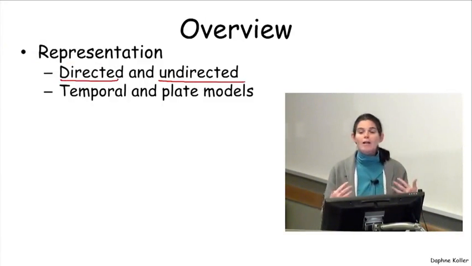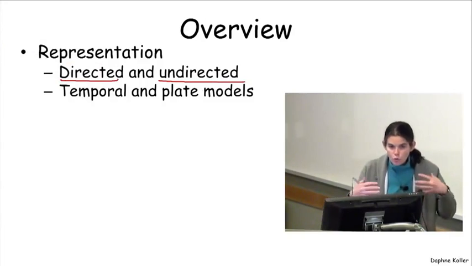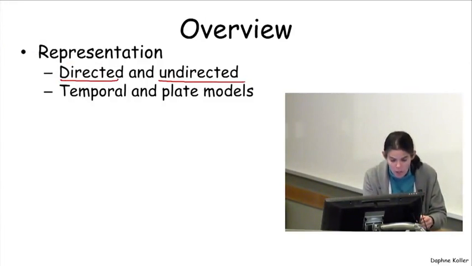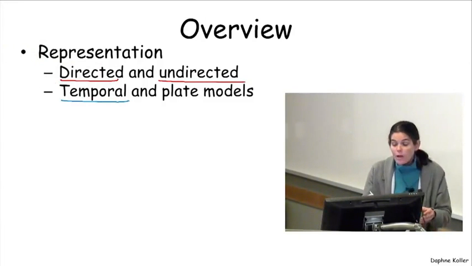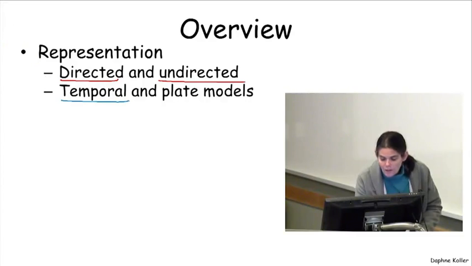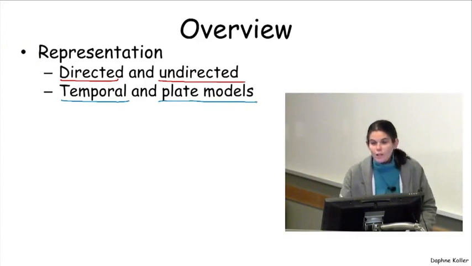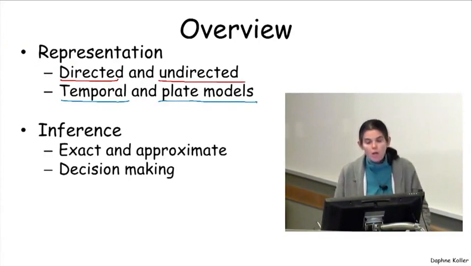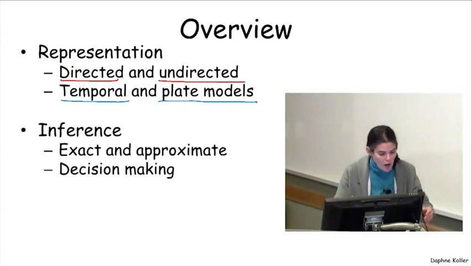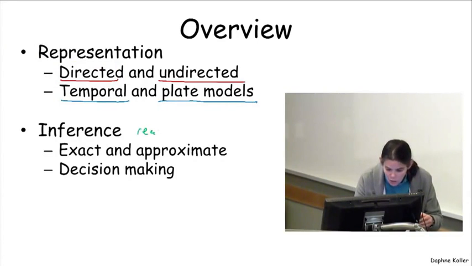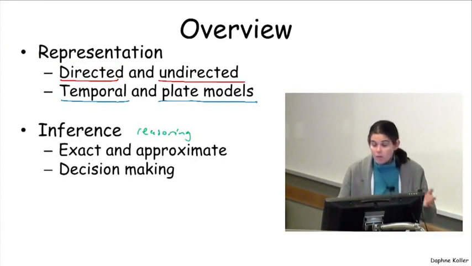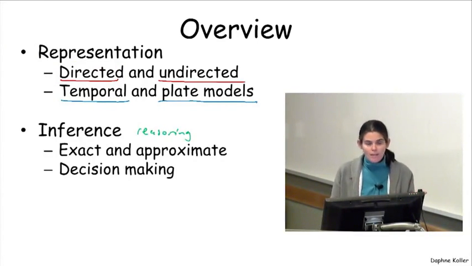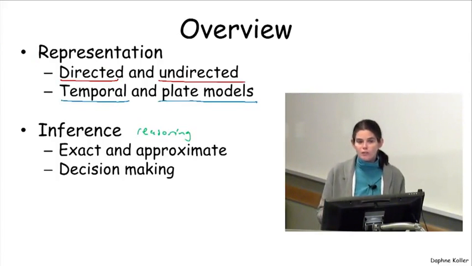We'll also talk about higher level structures that allow us to encode more complicated scenarios, including ones that involve temporal structure, as well as ones that involve repeated or relational structure, specifically a class of models called plate models. We'll talk about inference or reasoning using these models, covering both exact reasoning, where exact probabilities are the output, as well as approximate methods that provide a different trade-off regarding accuracy and computation.